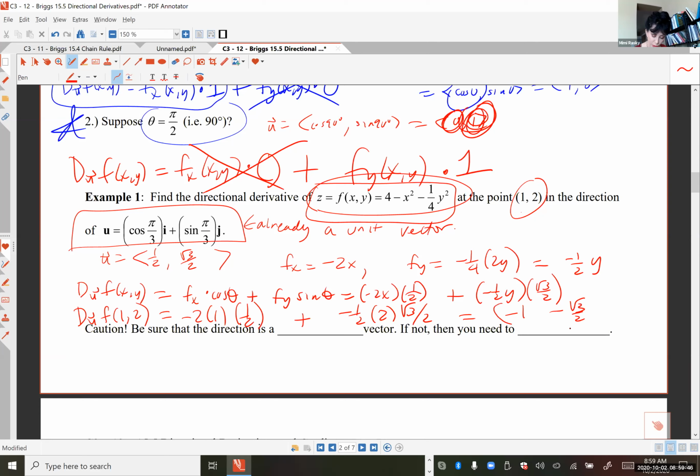And that is the slope in the direction of this unit vector. And I'm done. Now, they may ask you for an approximate answer, and this is approximately negative 1.866. Okay, so there you have it.